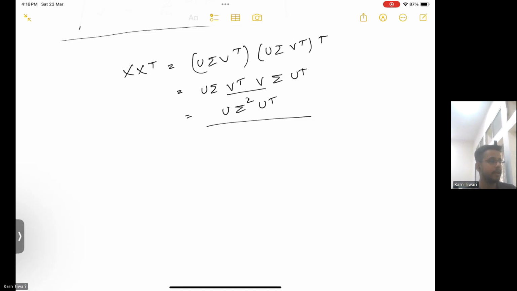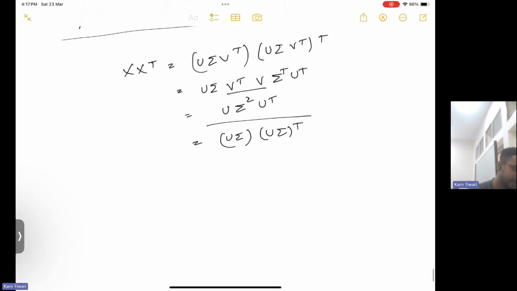So it's equivalent to the co-occurrence matrix times the co-occurrence matrix transpose. Conventionally, we can define this U sigma as U sigma transpose.